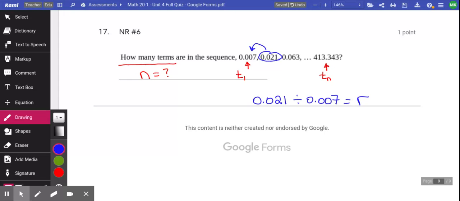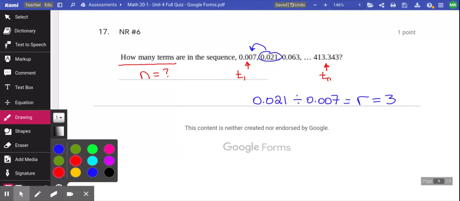Let me just make sure. 0.021 divided by 0.007. I know that R equals 3. So now I know T of 1 equals 0.007.